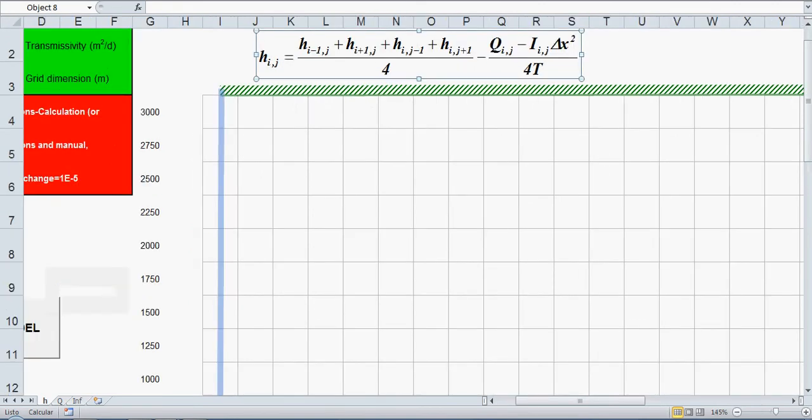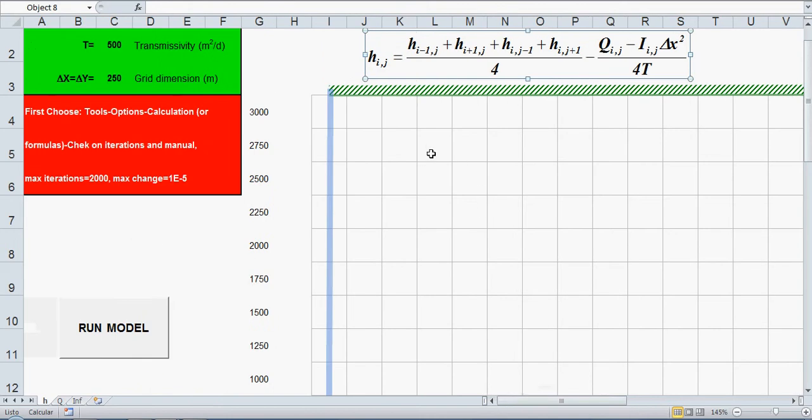Let's choose any cell, for example L5, and with this equation we construct our model.